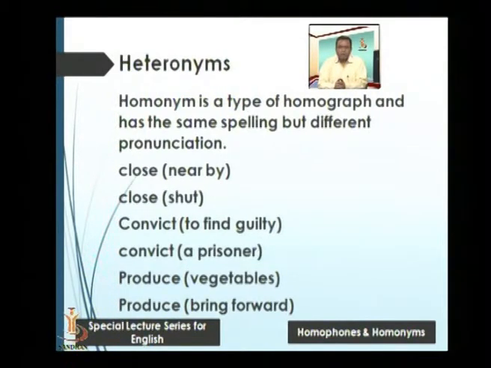Now produce. Produce is a word which is used as a verb, and it is also used as a noun. Produce is used for referring to vegetables. Gross domestic product, GDP. We find the word produce.